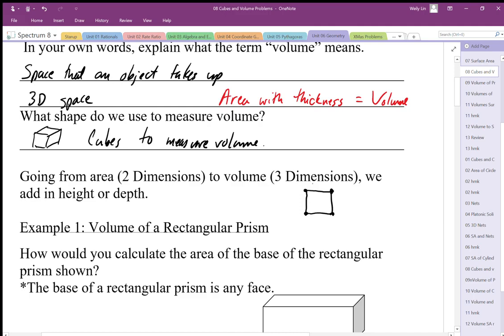And if we want to go to 3 dimensions, we extend again at 90 degrees, and we get volume. So there's a very easy transition from 0 to 1 to 2 to 3 dimensions. In fact, we can do the same thing to 4 dimensions.